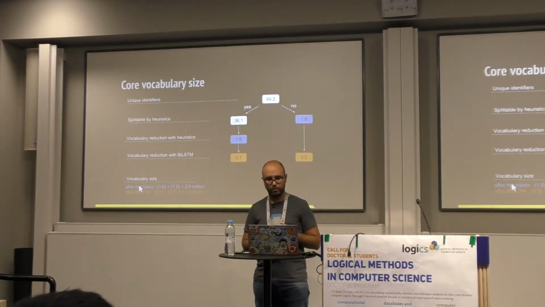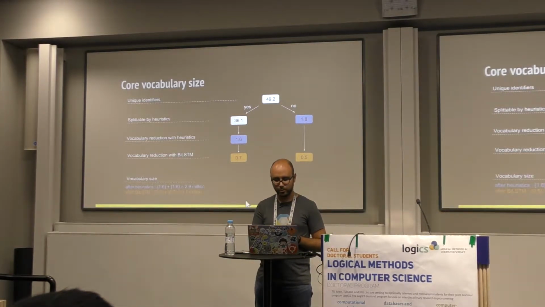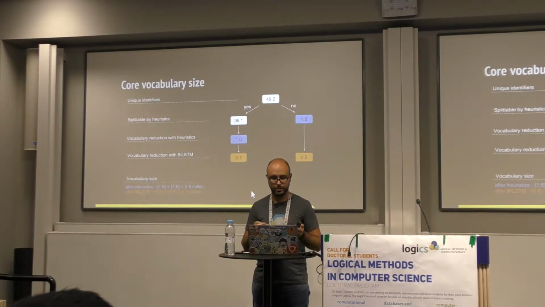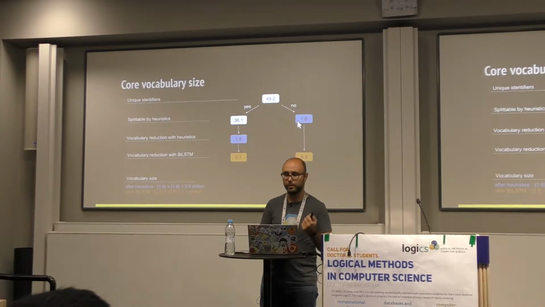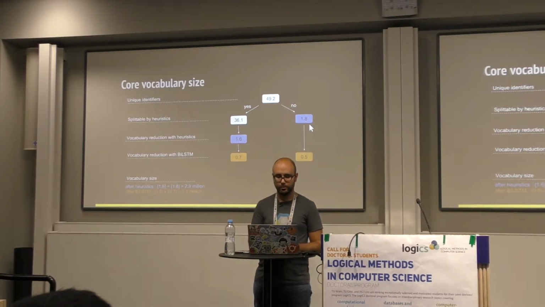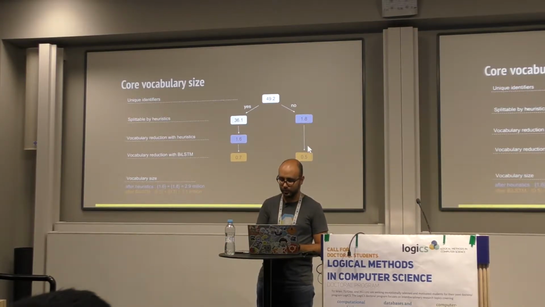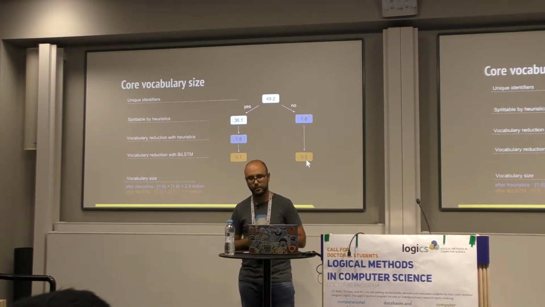So now I show you how we reduced the core vocabulary size, as I promised in the beginning. You start with 49 million unique identifiers. Then, as I said, some of them are not splittable by our naming convention heuristics, and the number is 1.8 million. And when you apply your trained model to these identifiers, you get only 500,000 identifiers.